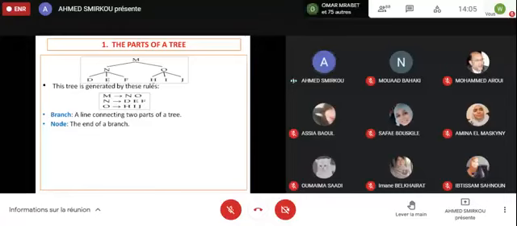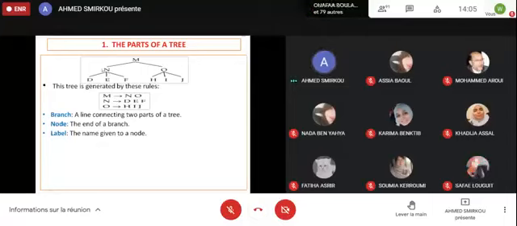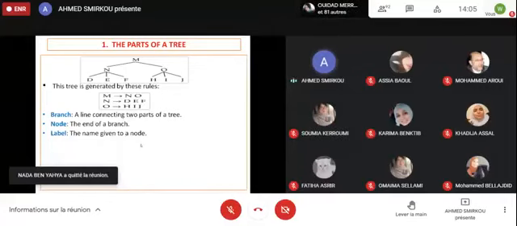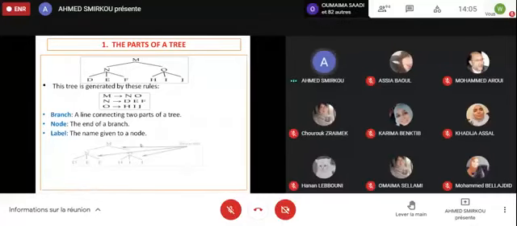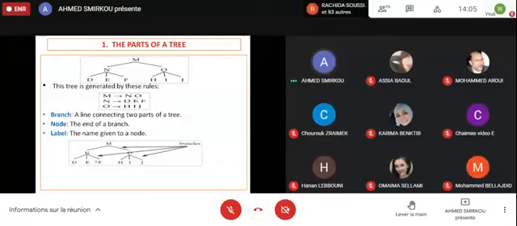And the name, this is called N. This is a node, and its label is D, etc. So remember these technical terms: lines, these are nodes, and the name is called the label.